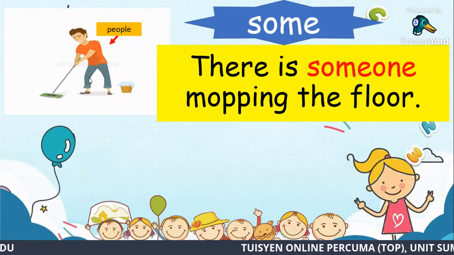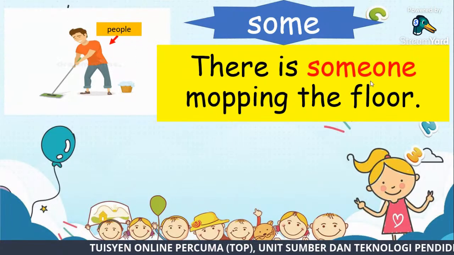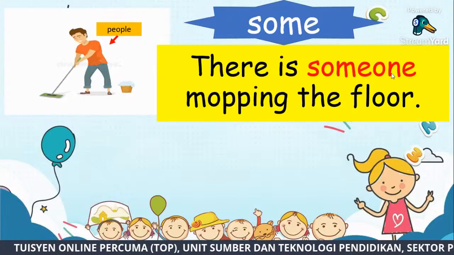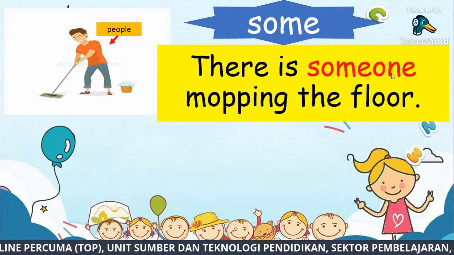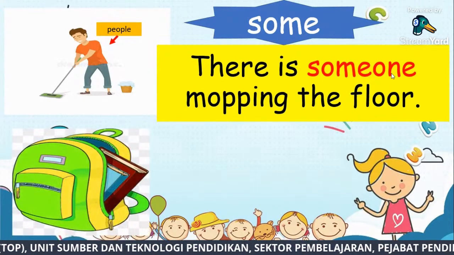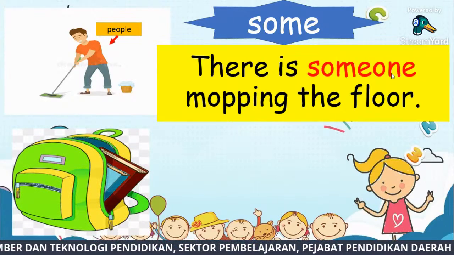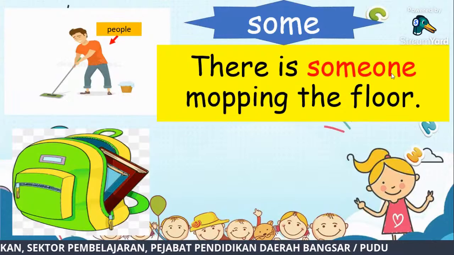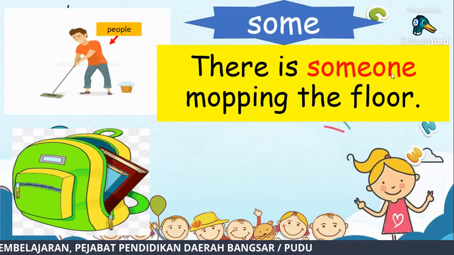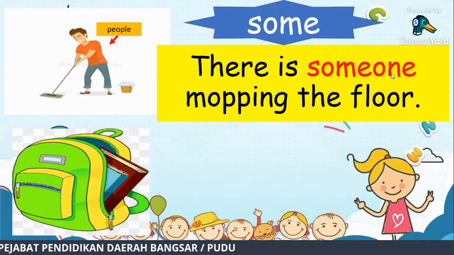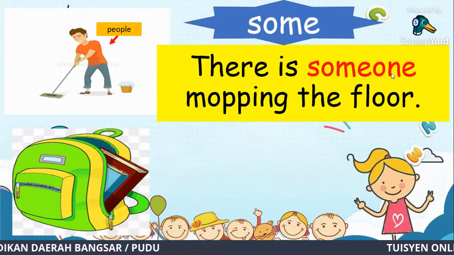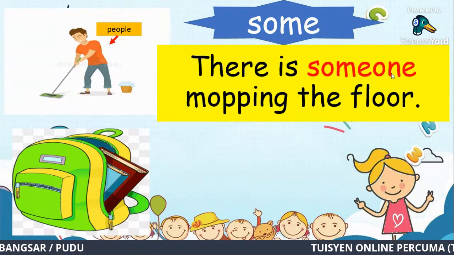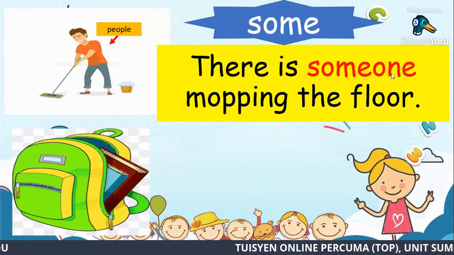We don't know who that person is, so when you're referring to people, obviously we will be using someone. Followed by, as you can see in the picture, there is a bag there, and you can see it's some kind of book, but you're not sure what it is. It could be a diary, a journal book, a dictionary, or a storybook.